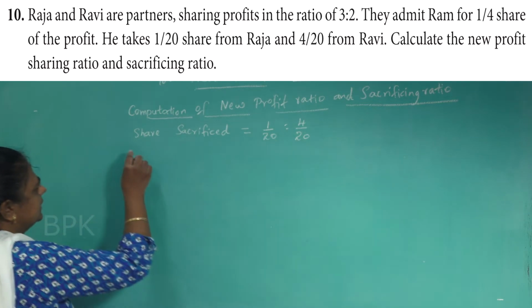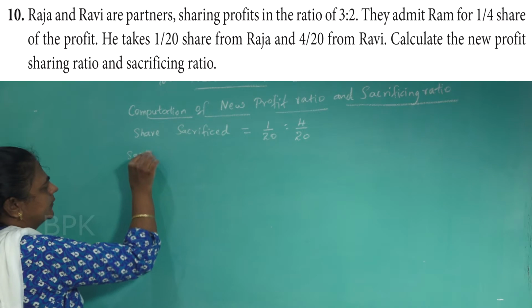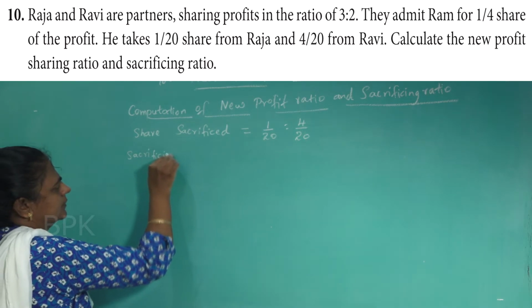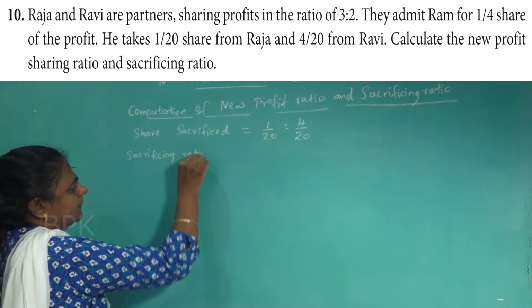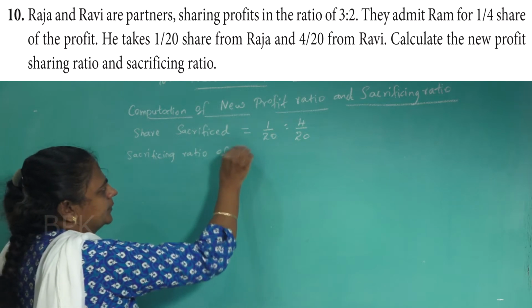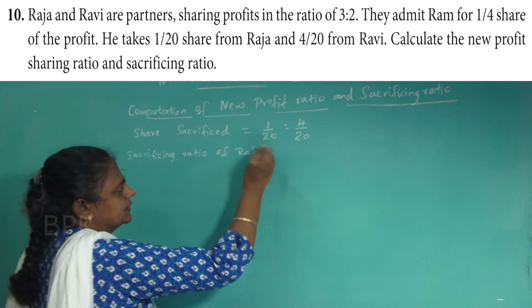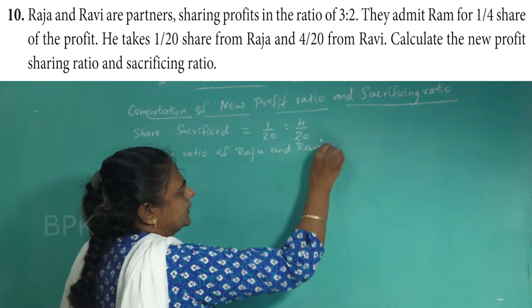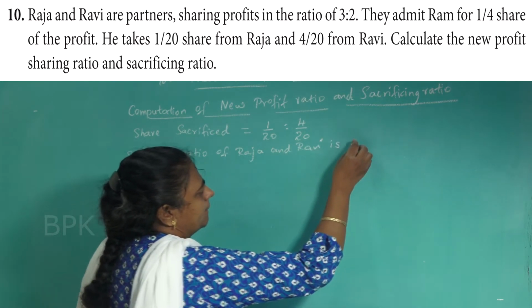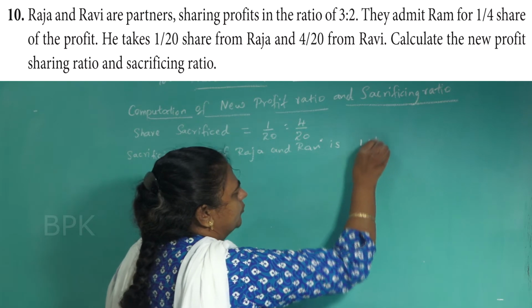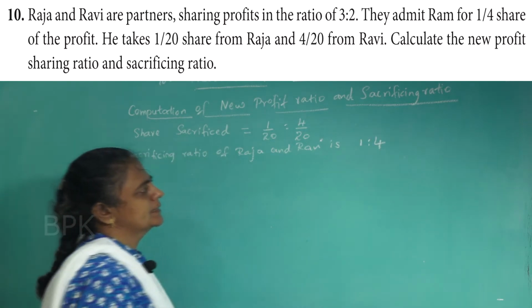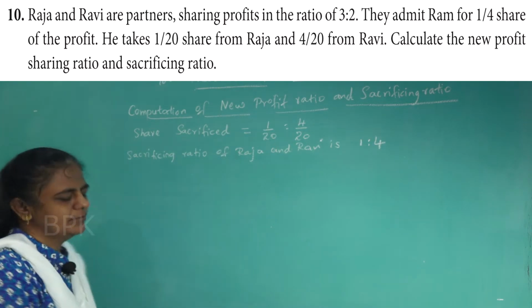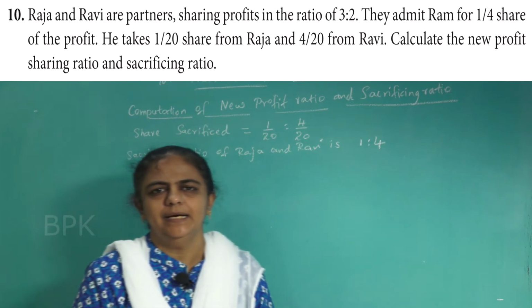So the sacrificing ratio of Raja and Ravi, the old partners, is 1:4. This is the sacrificing ratio. You have to calculate the new profit sharing ratio.